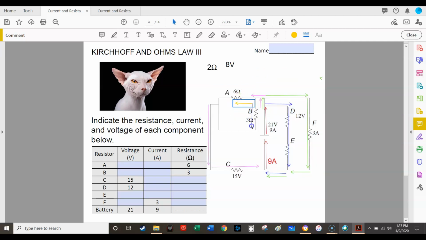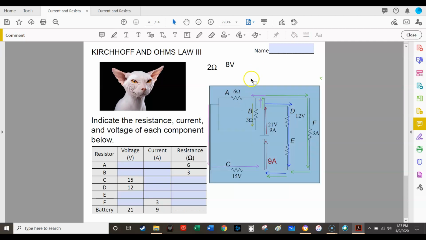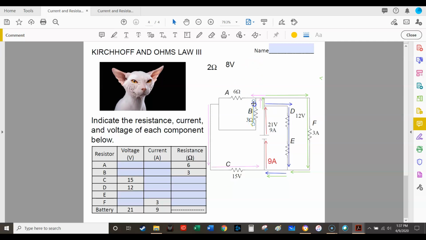So pink is going to head into this subparallel branch, and it's going to split up into orange, which is going to head into B, head across B, go up through that wire and join up with another color.